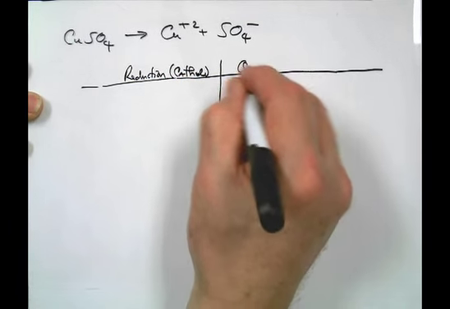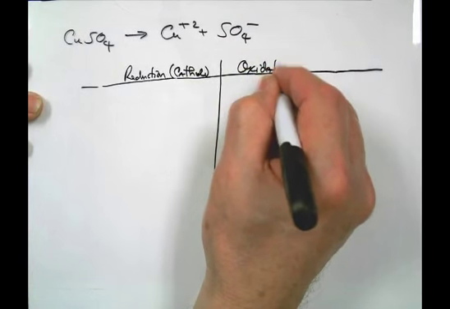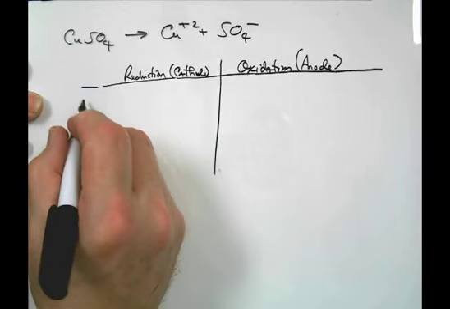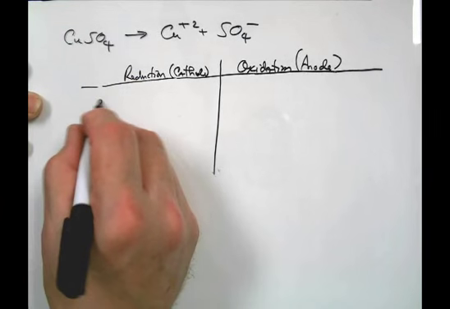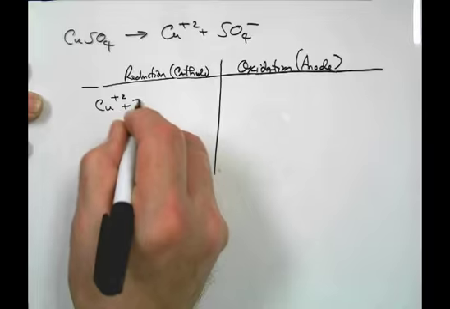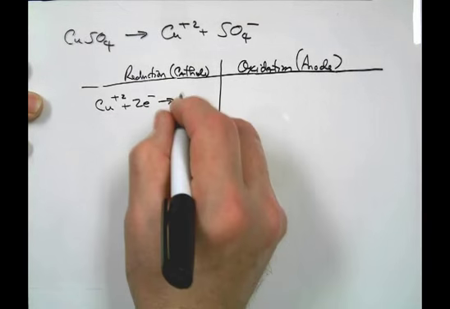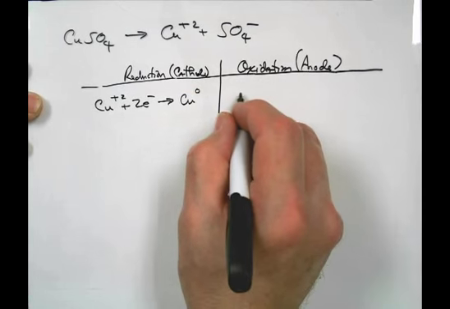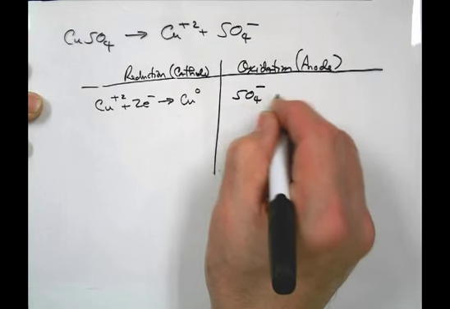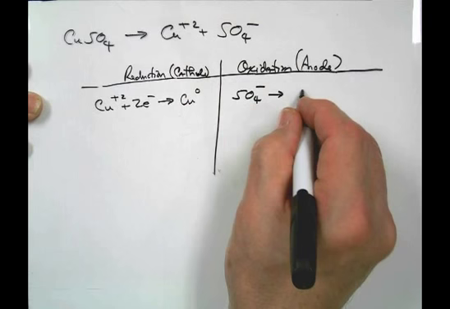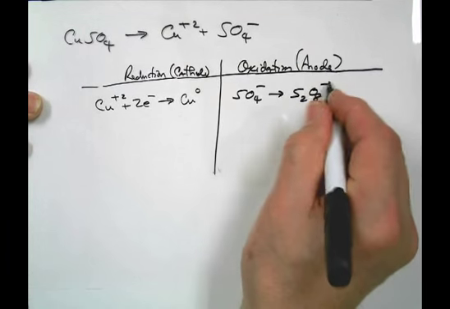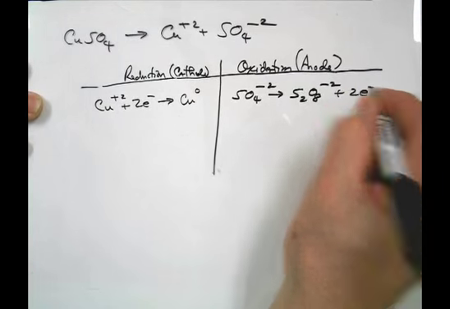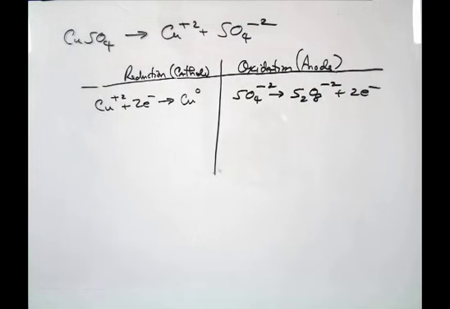And then oxidation anode. Okay, so when we talk about the copper reduction, it's gain 2 electrons, and we go to copper metal, and the sulfate oxidation goes to S2O8 2 minus plus 2 electrons. You can look that up on the sheet if you like.